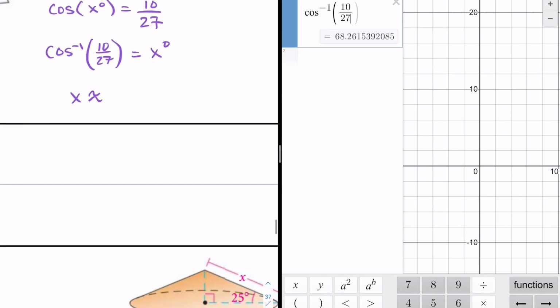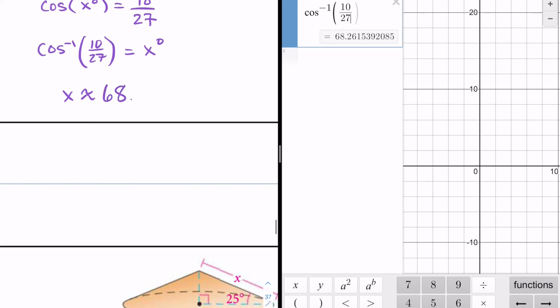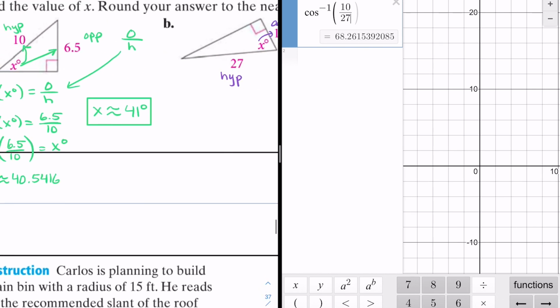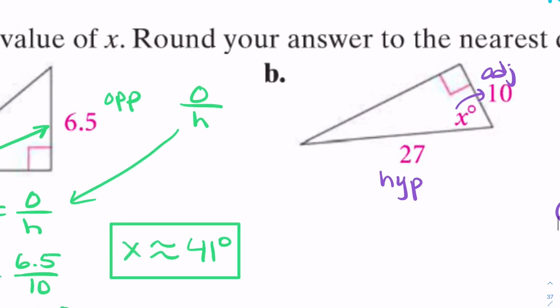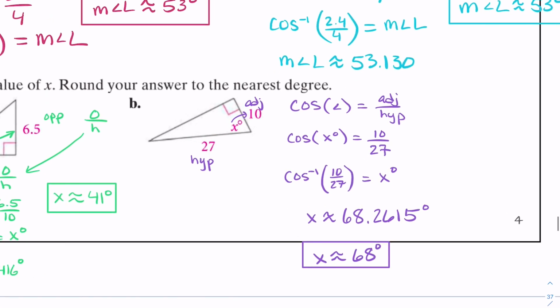And I get about 68.2615. And it wants the nearest degree, so I'm going to say 68 degrees. It rounds down. And that's it. And 68 for that one. Good.